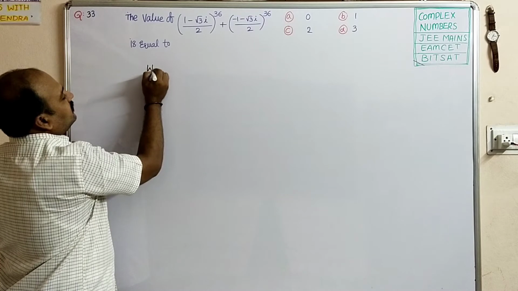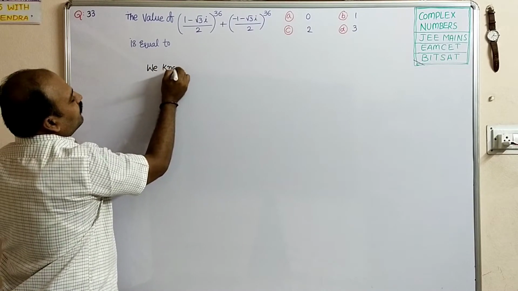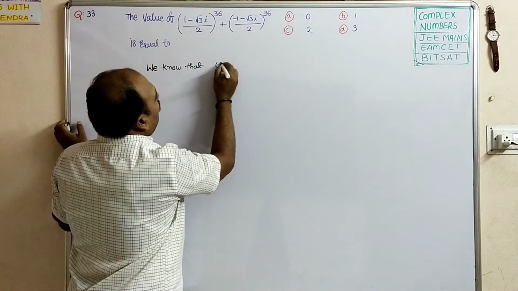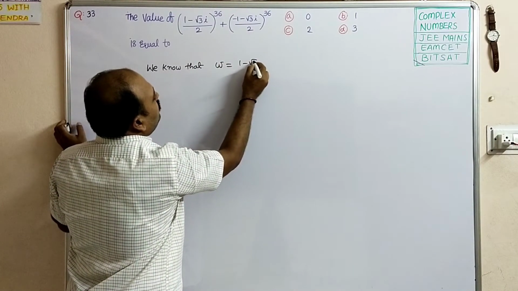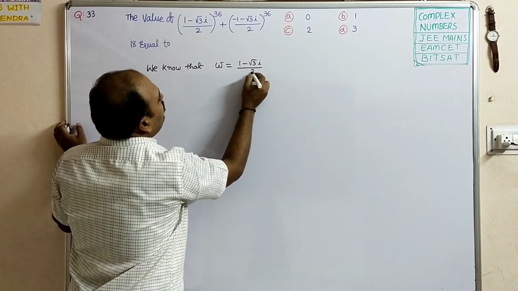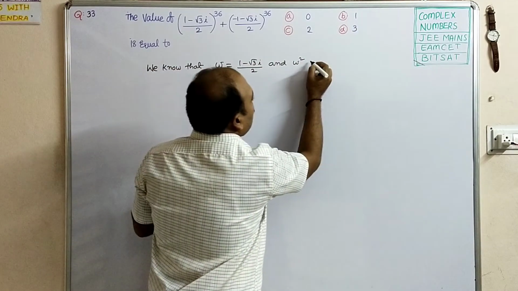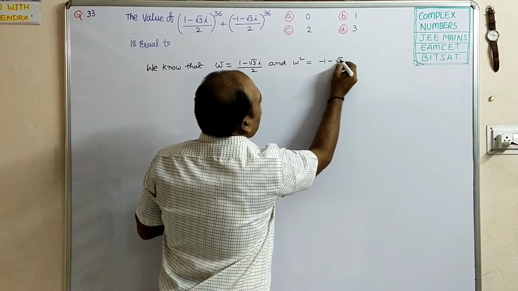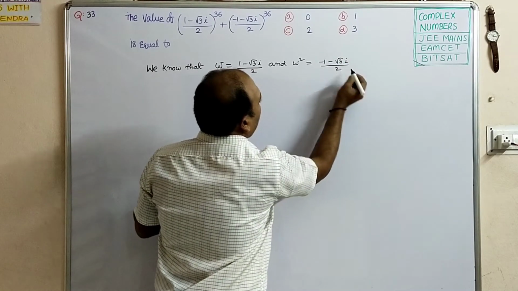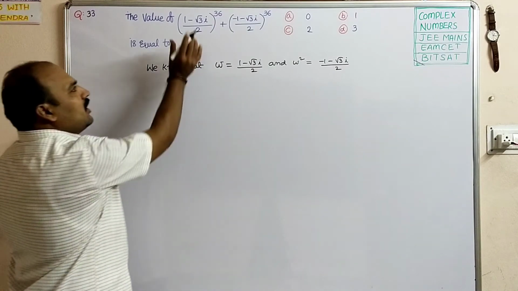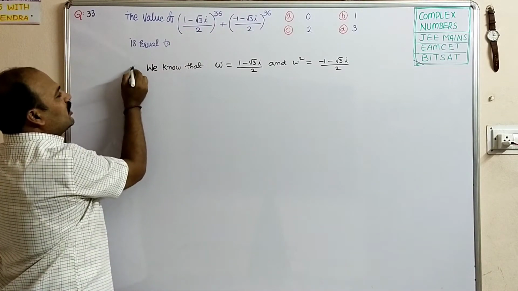We have to remember, dear students, omega equal to (1 minus root 3i) divided by 2 and omega square equal to (minus 1 minus root 3i) divided by 2. Omega and omega square. So directly, if you know these values, you will get it.